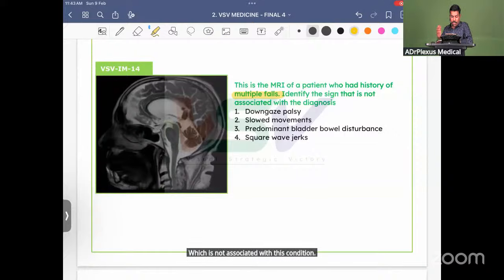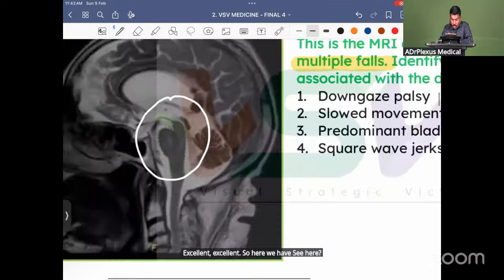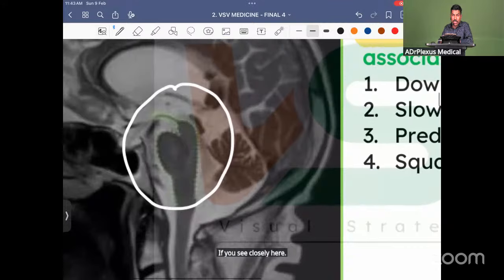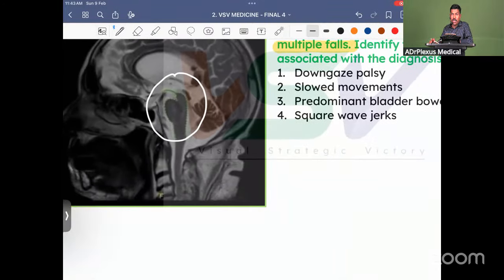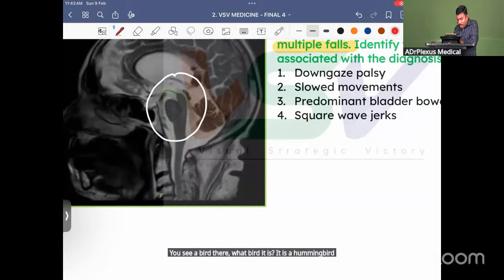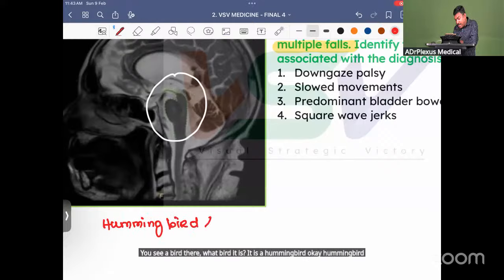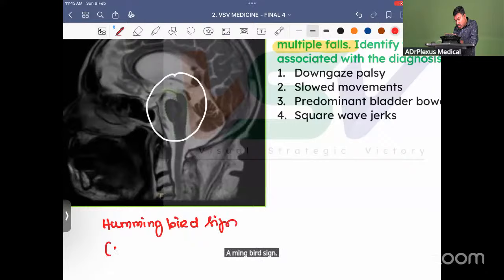Excellent. If you see closely here, what do you see? You see a bird there. What bird is it? It is a hummingbird, the hummingbird sign or morning glory sign.